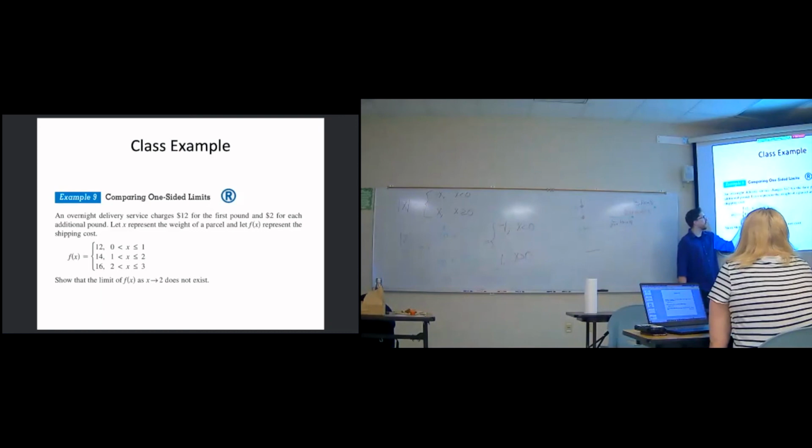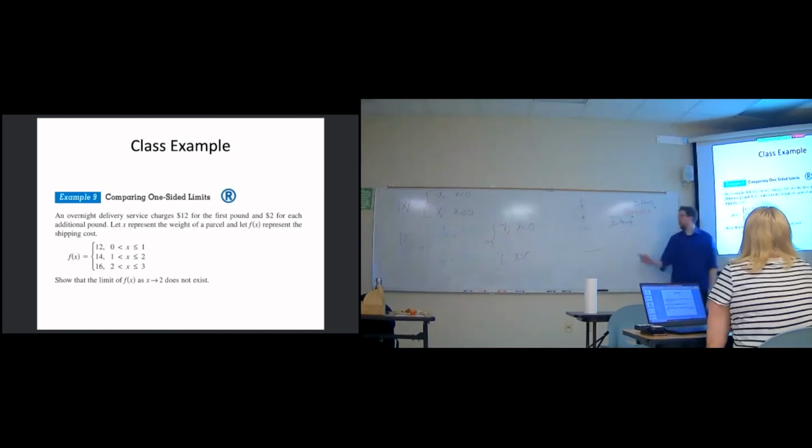In this interval, we're just equal to a constant value. So the limit from the left has to be that constant value. In this interval, we're a constant value. So the limit from the right has to be equal to this constant value. So we can just say directly that the limit from the left is 14, the limit from the right is 16. Just like what I wrote up here.